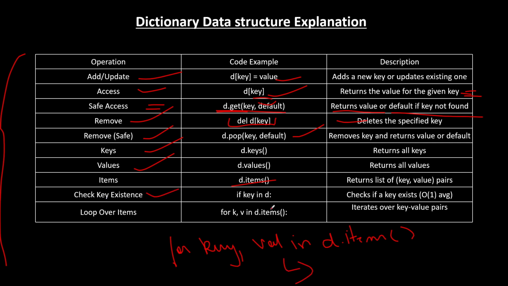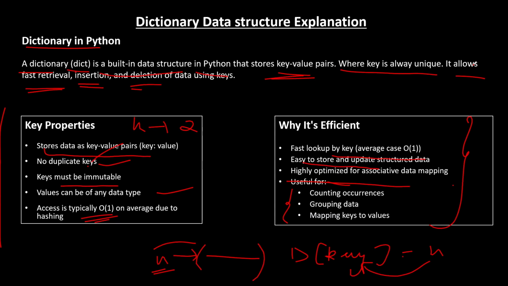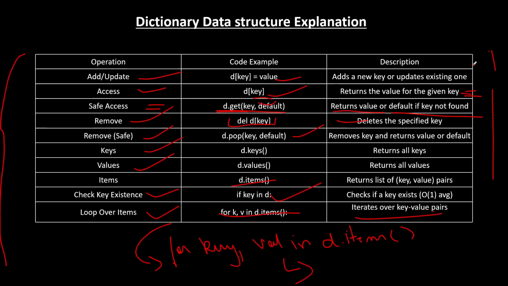Checking existence, if a key is present in the dictionary or not, and looping over items the way I described right now. So these are the most commonly used operations of a dictionary, and this is enough to complete all the data structure questions related to the dictionary. I hope you understood what is dictionary data structure and how it is used and what are the efficiency and key properties of it. Now let's move to the next slide.